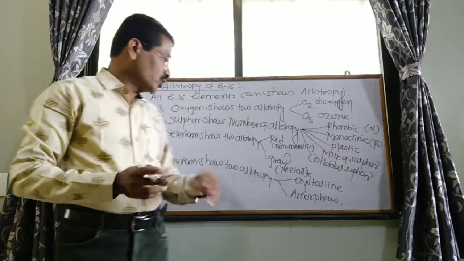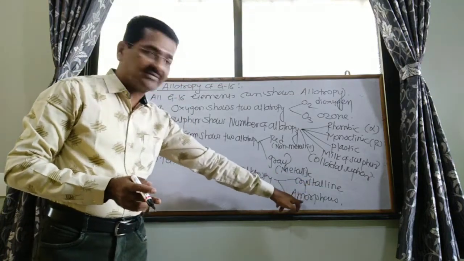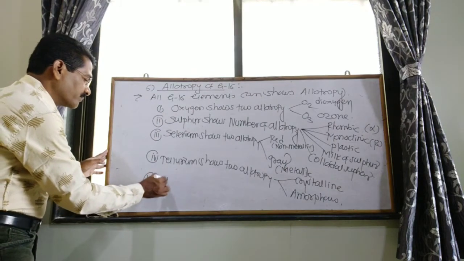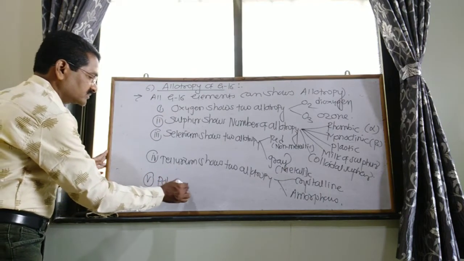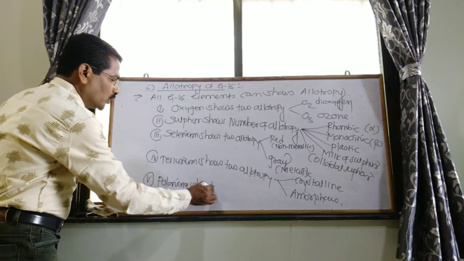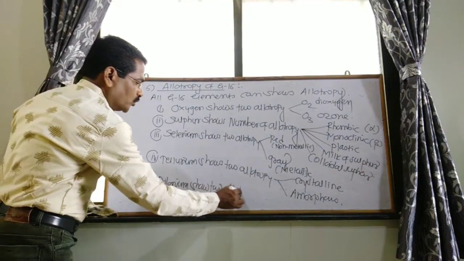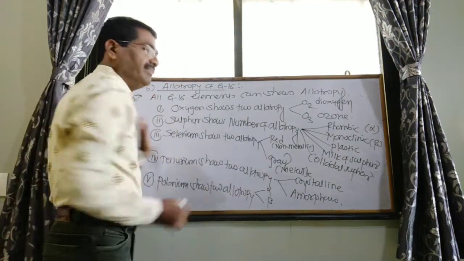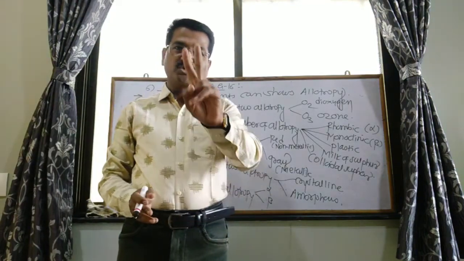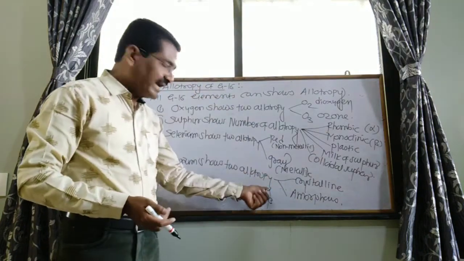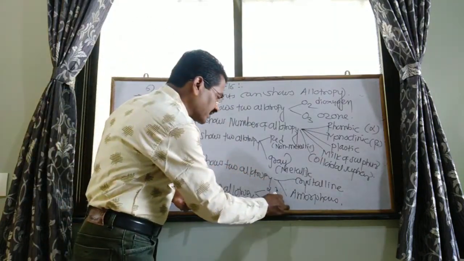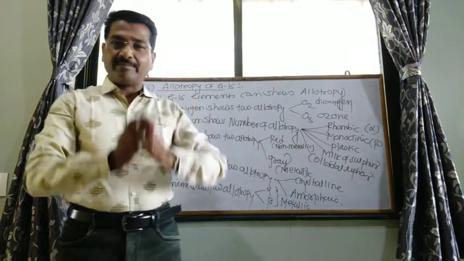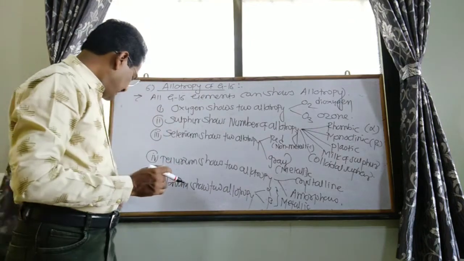And the last one, fifth, polonium, shows two allotropes, alpha and beta. Both are metallic in nature.